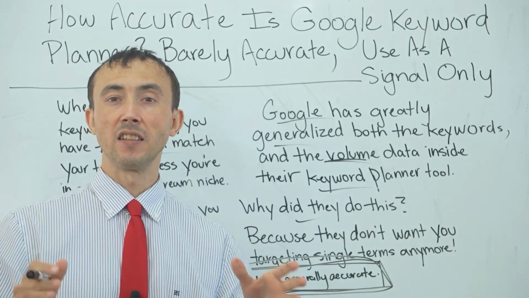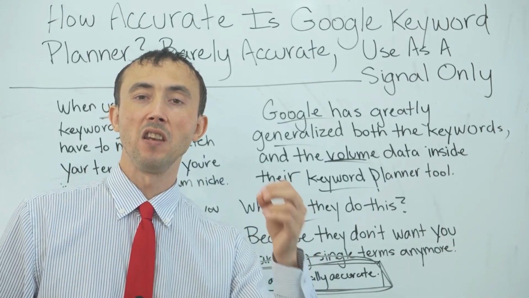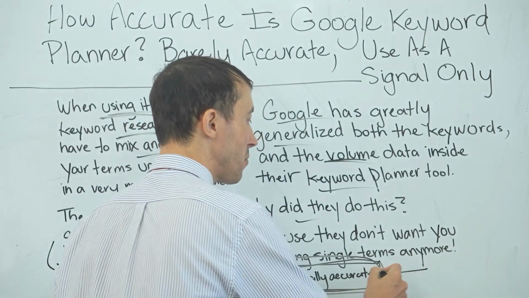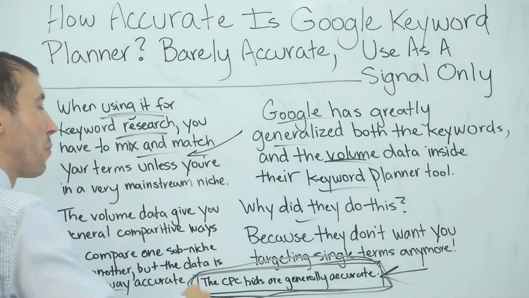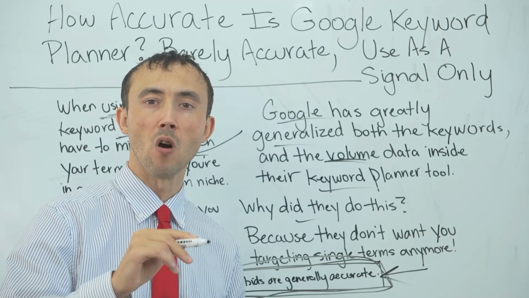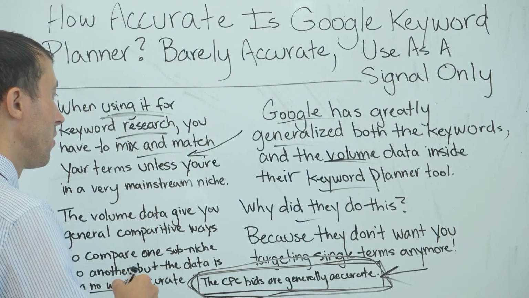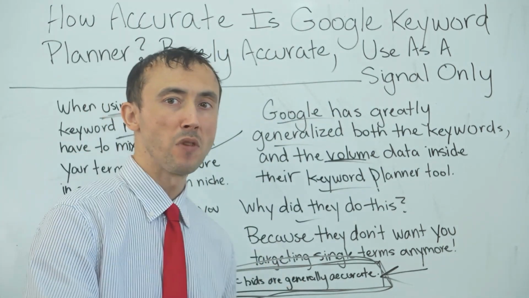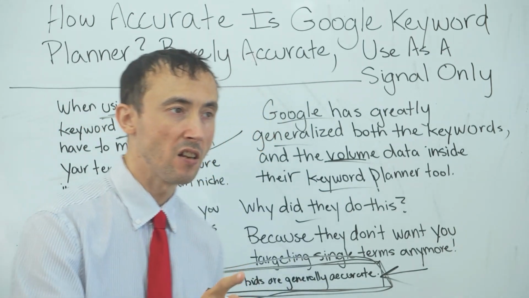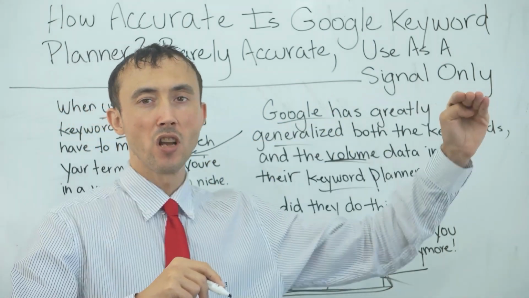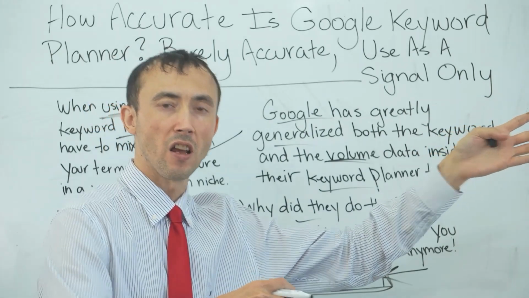So anyway, with that said, how accurate is the Google Keyword Planner? Fairly accurate depending on how you look at it, with the bidding estimates being the most accurate, the keyword data being somewhat accurate but intentionally filtered so that you don't get the idea of going too specific with your keywords, and the keyword volume data being very inaccurate, but it can still provide a general overall signal as to compare one general category of keyword over another and what seems to be a bigger niche overall to target versus another one.